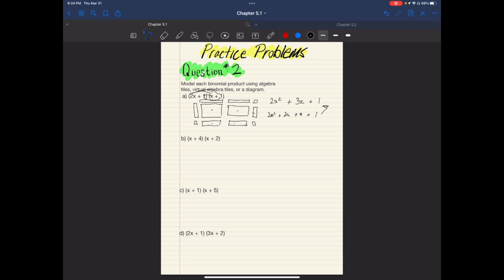Moving on to B. So we will do x plus 4, 1, 2, 3, 4, and x plus 2, 1, 2. The product I'll do in a different color to make it a little easier.